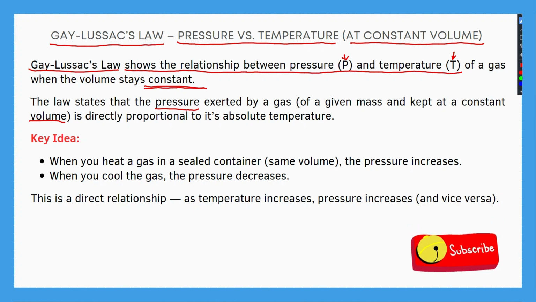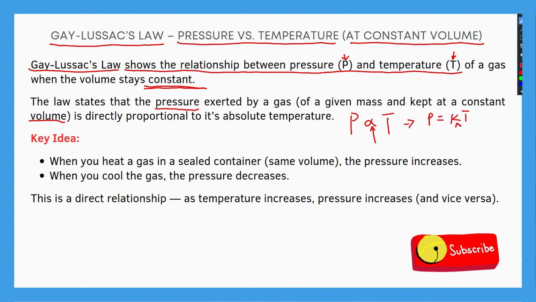So if I were to write this law using mathematical terms, I would say pressure P is directly proportional to its absolute temperature. P is directly proportional to T. So what do we do over here? We can make this sign of proportionality become an equality sign. How do we do that? We simply introduce a constant K. So it becomes P is equal to KT.